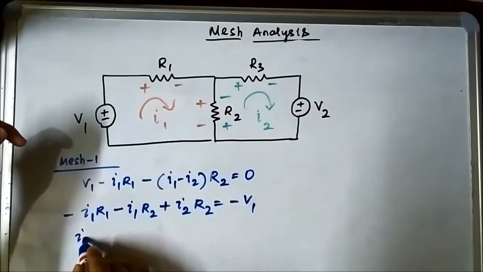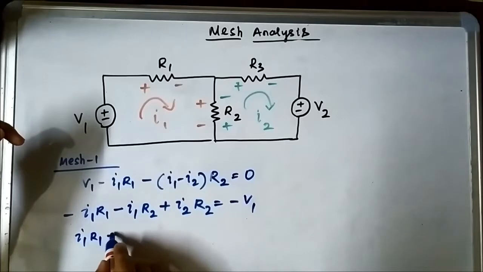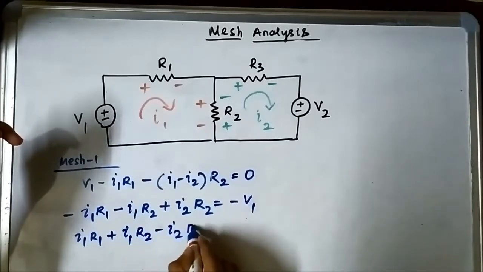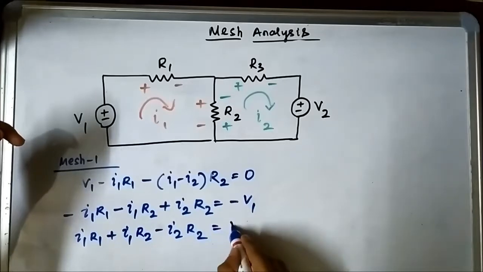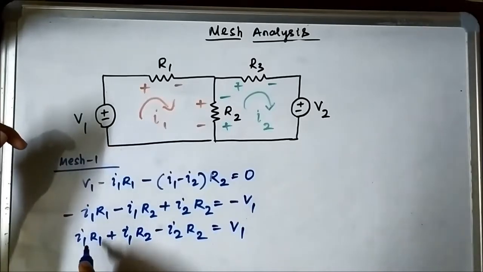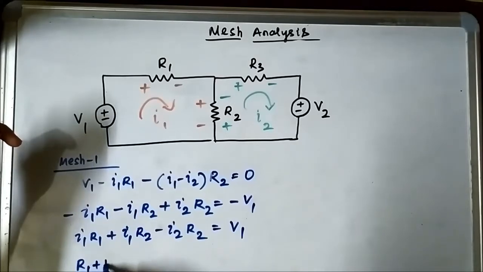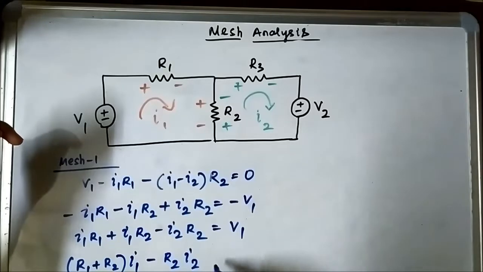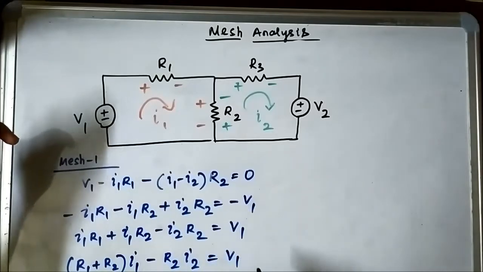That is I1 R1 plus I1 R2 minus I2 R2 is equal to V1. Now if we take I1 common, it will be R1 plus R2 into I1 minus R2 I2 is equal to V1.